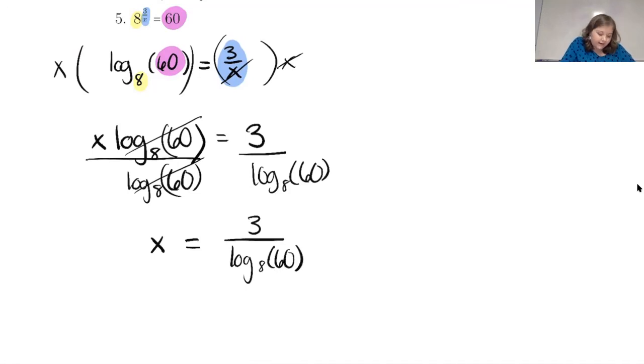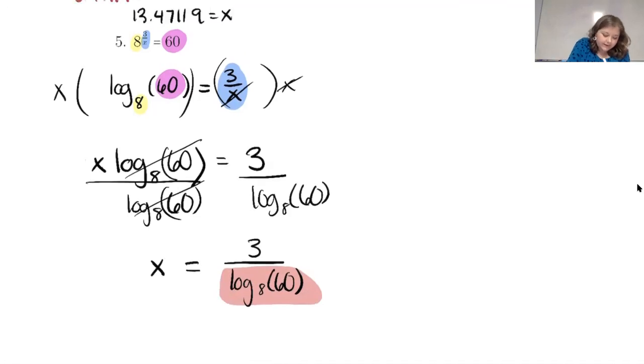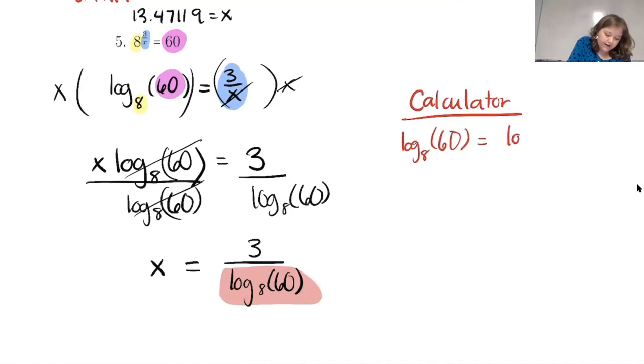So now it is calculator time. We need to put this log base 8 of 60 into a calculator. If your calculator has the capability of doing logs with bases other than 10 or e, you can do that. But if not, this is how you will do it. So log base 8 of 60. Type it into the calculator as log of 60 divided by log of 8, or that's just the common log.